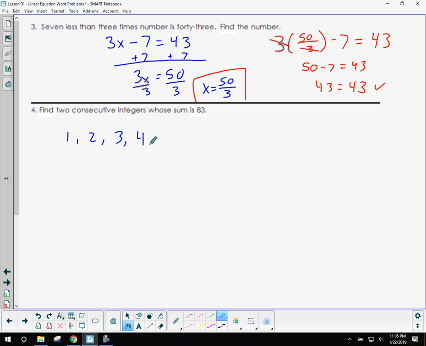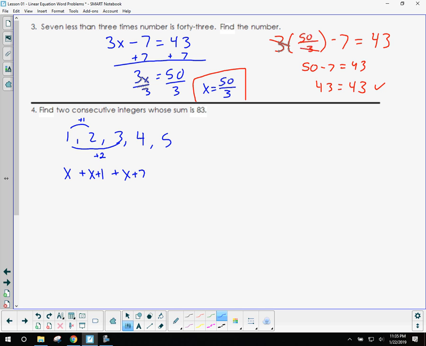How do you get from 1 to 2? That's right, you add 1. Plus 1. How do you get from 1 to 3? You add 2. How do you get from 1 to 4? You add 3, and so forth, and so on.